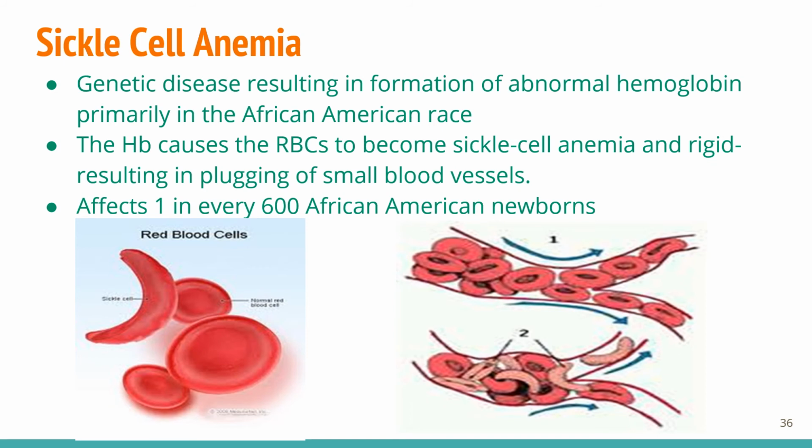It's something that they screen for in newborns. You can see here in this picture how it plugs off or blocks the blood vessels. This occurs in about 1 of every 600 African Americans. So again, it's genetic.